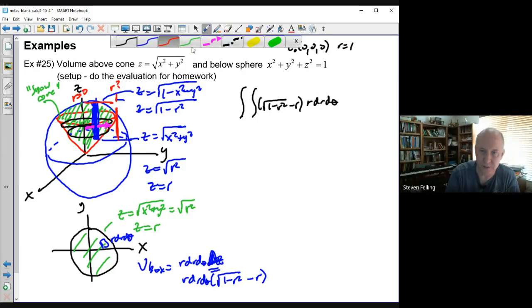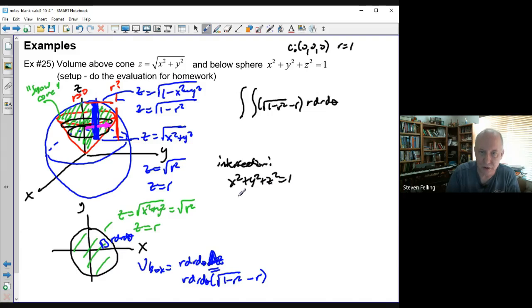So, okay, let me do an intersection calculation. The intersection would be whenever both of these two are solved simultaneously as a system. So what I'm going to do is substitute this z in for that.